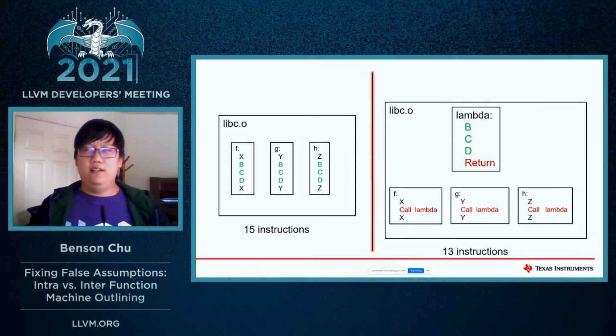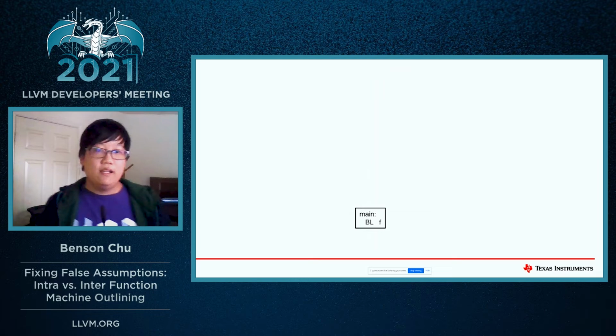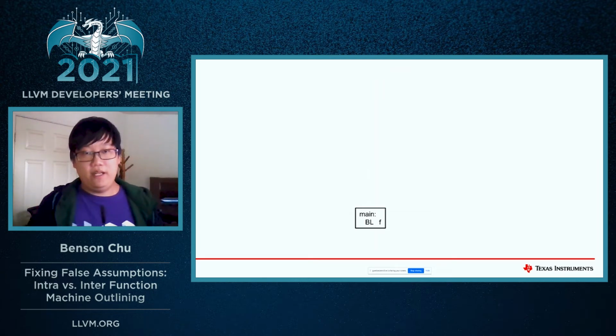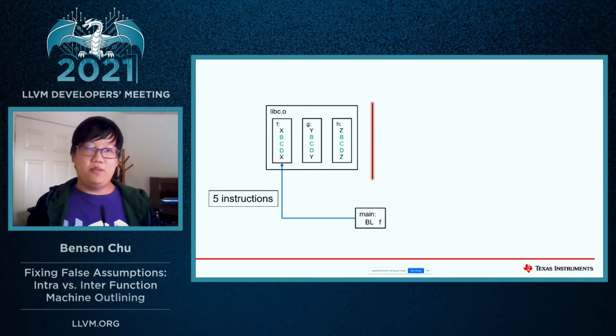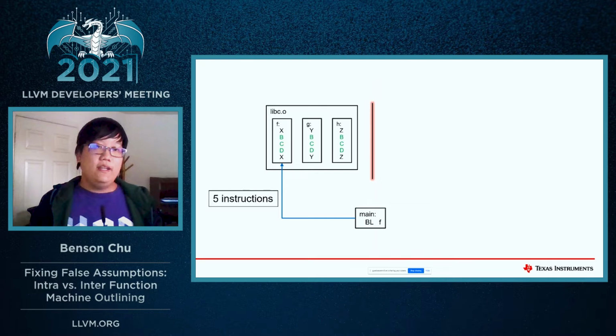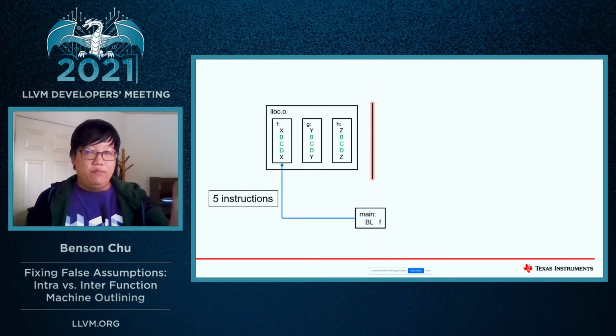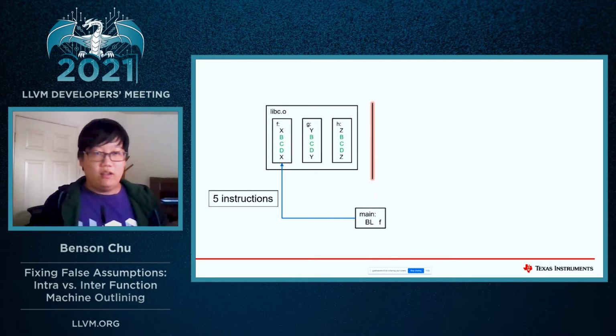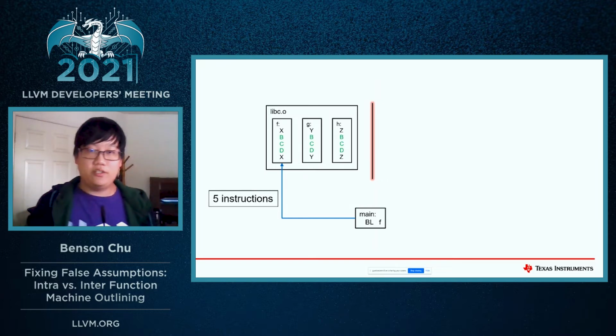But unfortunately, this heuristic doesn't tell the full story. Let's bring in our main function here. So here we have a main function that links against one of the functions in the object file called f. If we link from the unoutlined version, then we only pull in about five extra instructions.